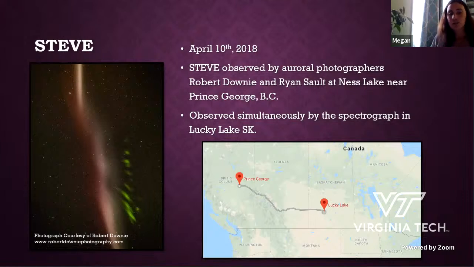So before we actually look at the spectrum of Steve, let's talk about how we process spectrograph data, because this will be important in our interpretation of the results. The spectrograph will actually record a lot of information. Any light that shows up in the sky will be recorded in the data. So this includes ambient airglow, which is a constant emission seen in the night sky, and any light scattered from other bright sources of aurora, particularly to the north towards the south.